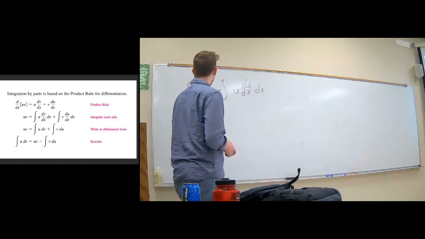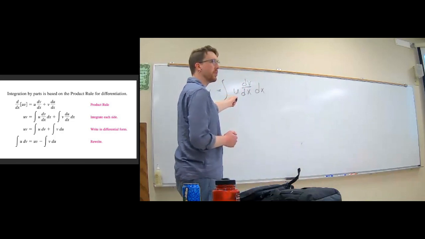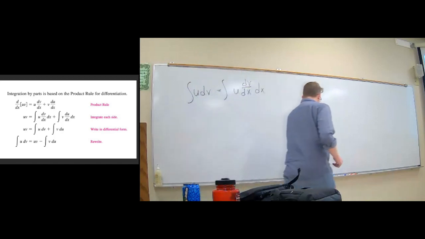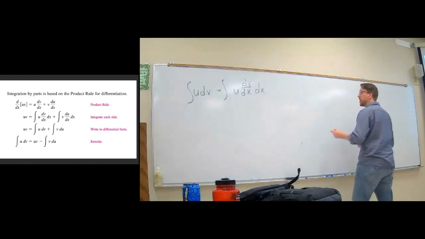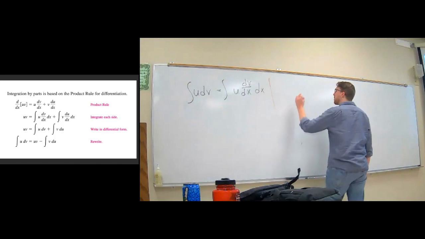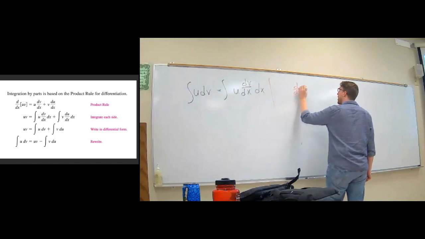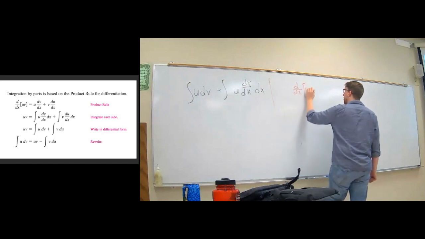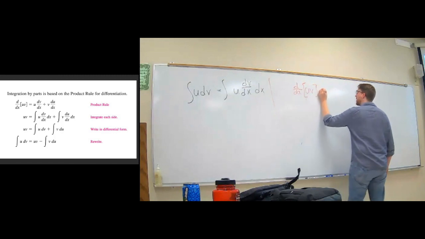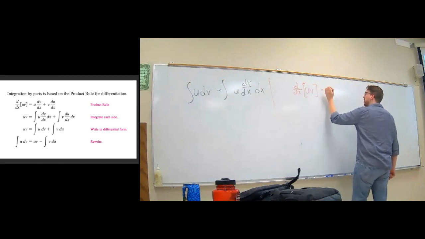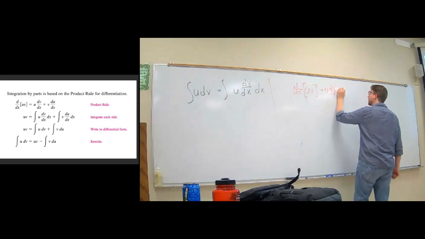We say, I don't know how to integrate this. Well, we can go back to the product rule and say, I do remember that the derivative of these two things multiplied together, just like it says in the slide, is equal to u times dv dx plus v times du dx.